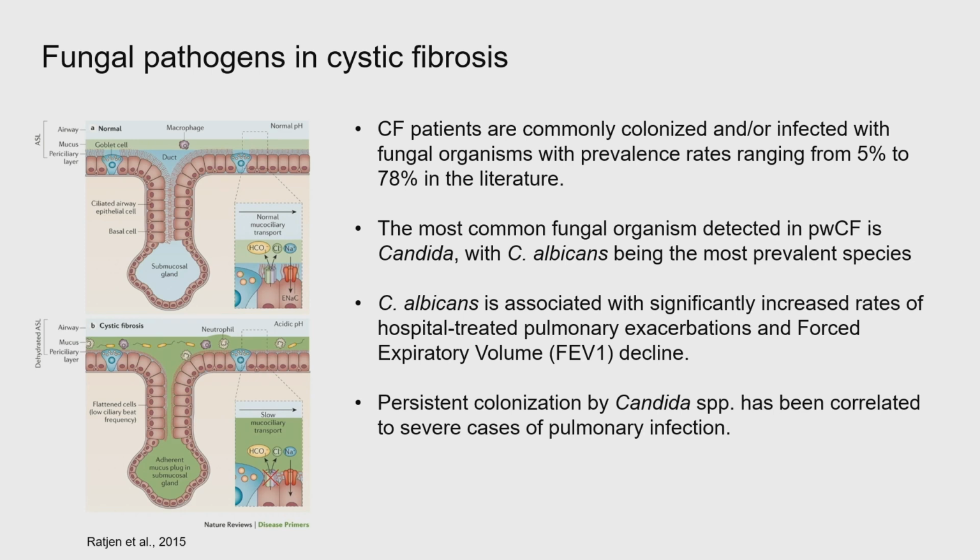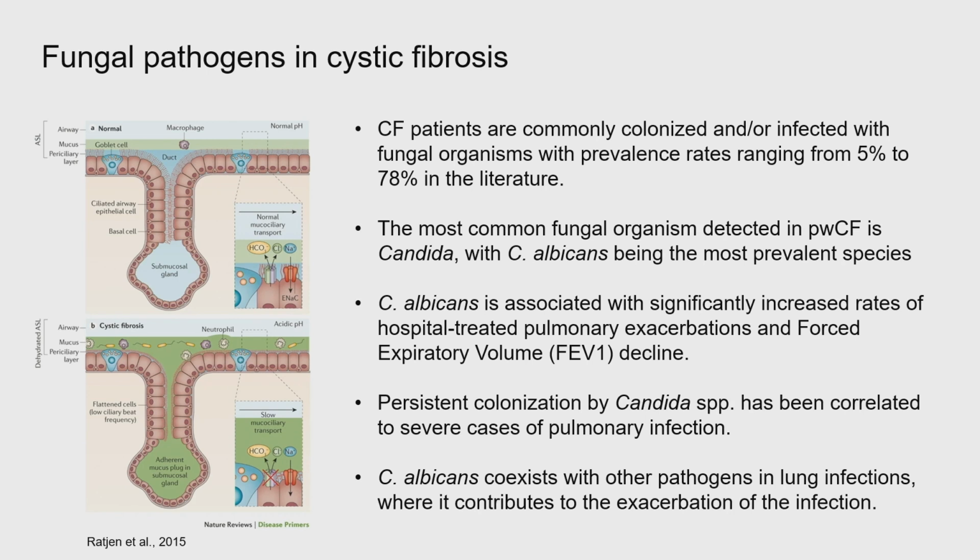Persistent colonization of Candida is also associated with severe cases of pulmonary infection. And to make matters worse, Candida is often found in mixtures with different pathogens, especially Pseudomonas aeruginosa, which then contributes to the exacerbation of the infection.